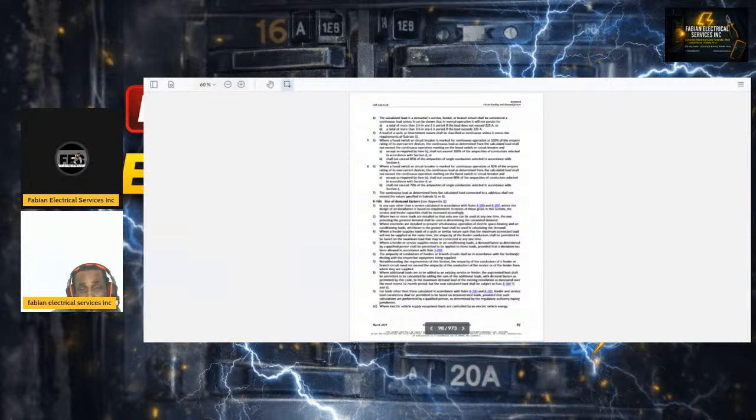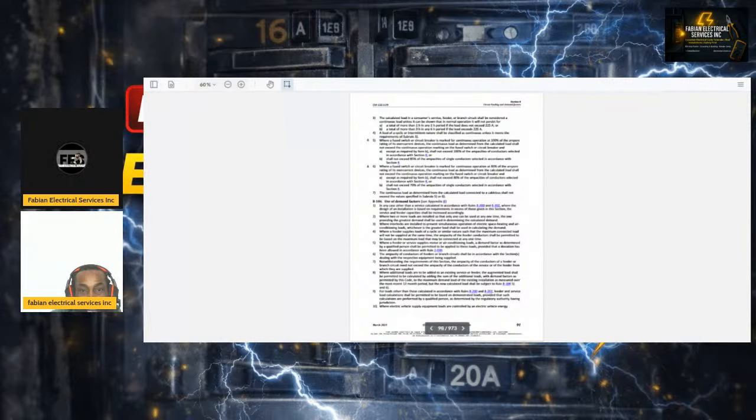The calculated load on a consumer service, feeder or branch circuit shall be considered a continuous load unless it can be shown that in normal operation it will not persist for a total of more than 1 hour in any 2-hour period if the load does not exceed 225 amps, or a total of more than 3 hours in any 6-hour period if the load exceeds 225 amps.